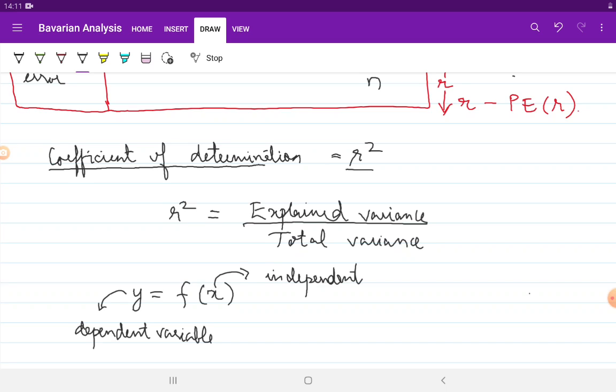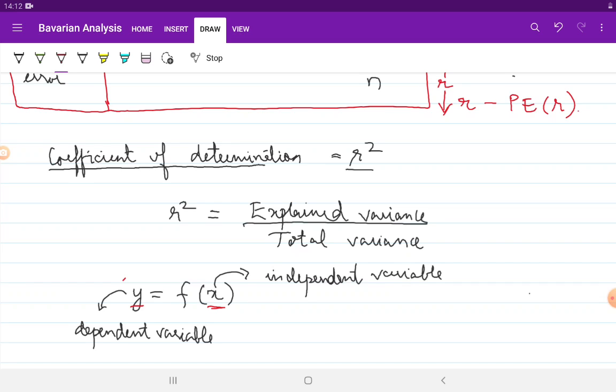In regression analysis, the idea is that changes in the value of x will result in changes in the value of y. So the coefficient of determination becomes important in the context of regression analysis. It gives an idea as to how much of the variations in the dependent variable can be explained by changes in the x variable.